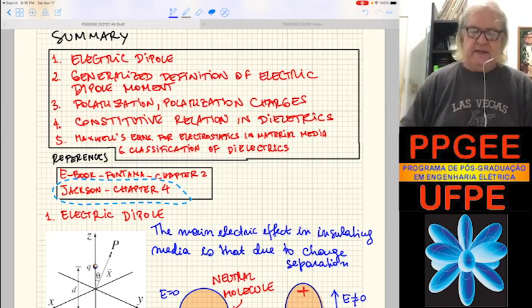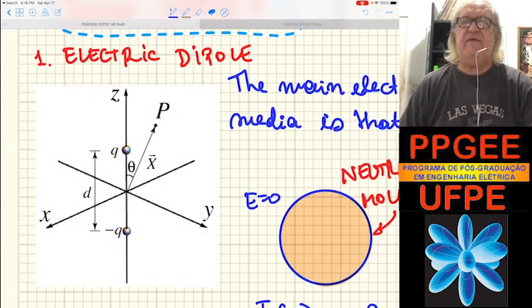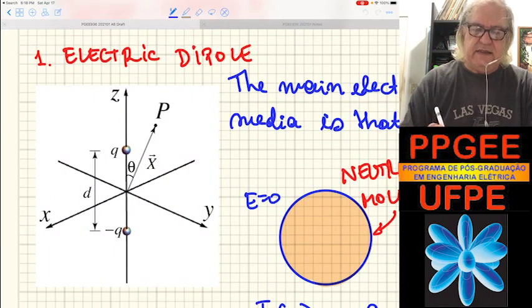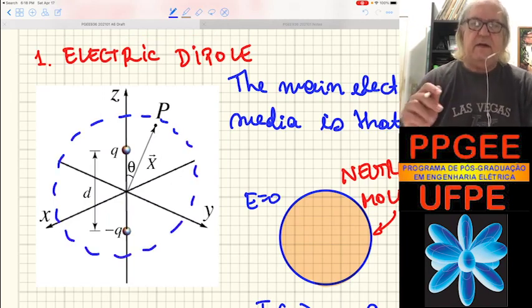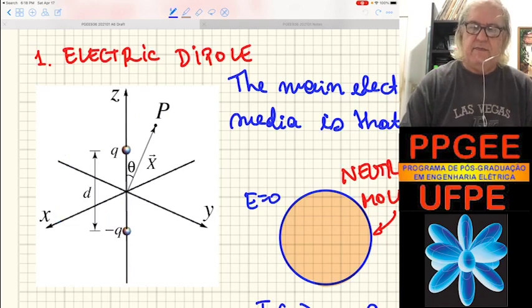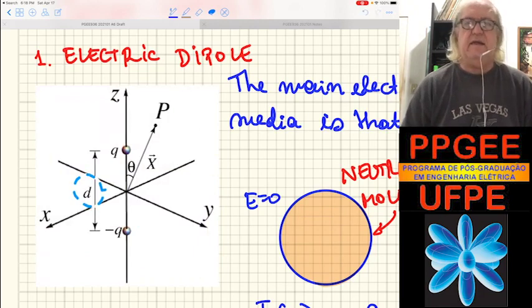So let's consider, initially, a simple model in which you can look at this as an isolated system. You see those things. You have a pair of charges, Q and minus Q. They are separated by a distance d.